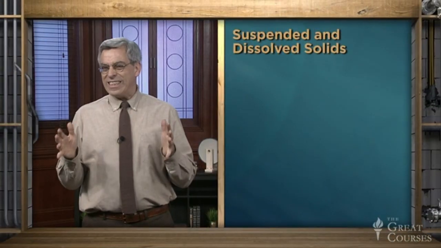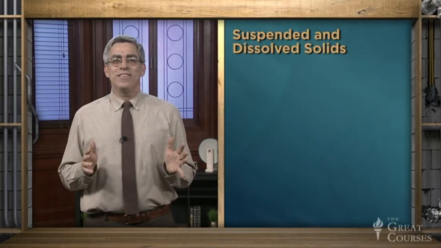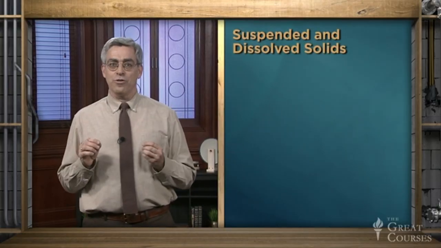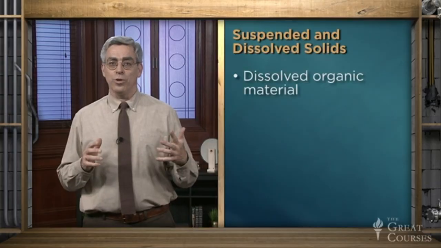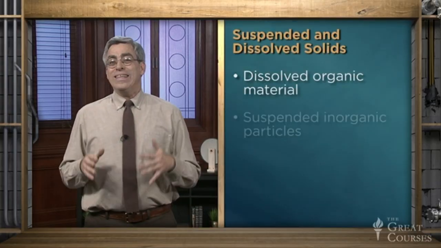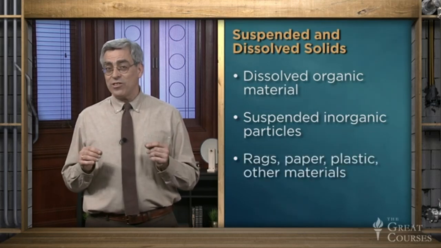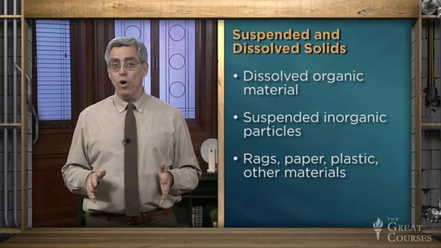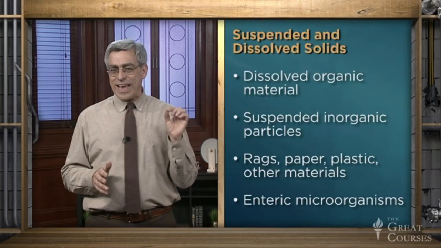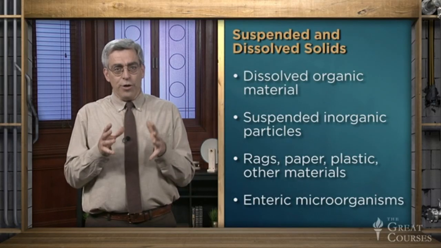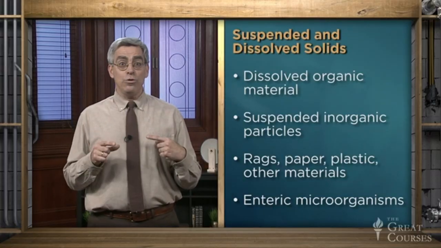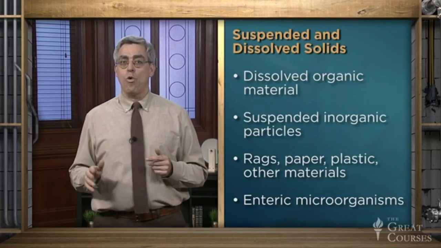The remaining 0.1%, somewhat euphemistically called suspended and dissolved solids, is a complex and potentially unhealthy mixture that includes dissolved organic material, which originates from both human waste and food, suspended inorganic particles, or grit, rags, paper, plastic, and similar materials that somehow get flushed down toilets, and a high concentration of enteric microorganisms, bacteria that originate in our intestines and may include some pathogenic or disease-causing forms. This is the stuff that all wastewater treatment systems are designed to remove.